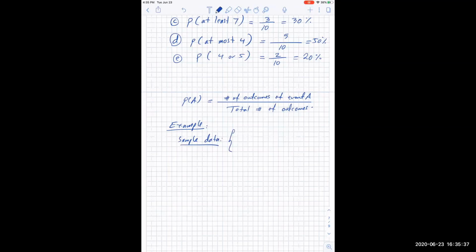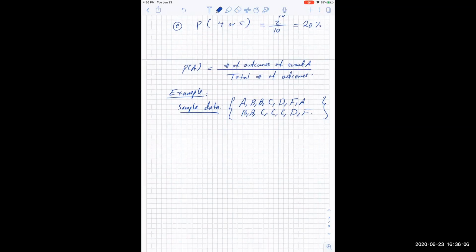Suppose I have this set of letter grades, like a sample of grades that I gave last semester. Okay. And again, I'm going to select one letter at random.